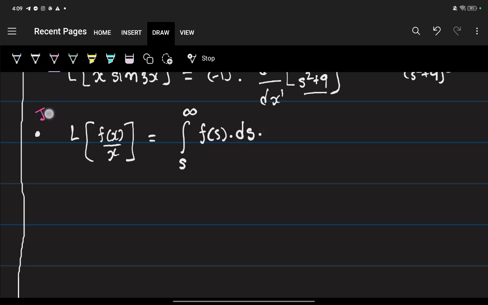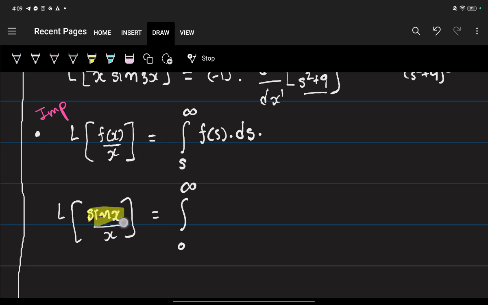Very important property. For example, what will be the Laplace transformation of sin x divided by x? In this case it will be the integral from s to infinity, and we know that the Laplace transformation of sin x is 1 by s square plus 1, into ds.